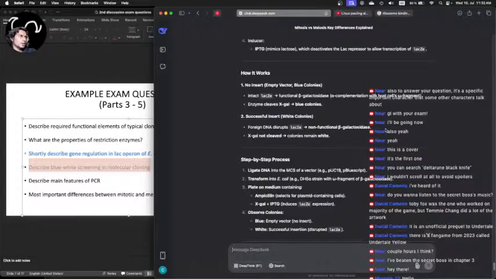Ligate DNA with the MCS of a vector, transform into E. coli. Plate on medium containing ampicillin, X-gal plus IPTG. Observe colonies: blue is empty vector, white is successful insertion.